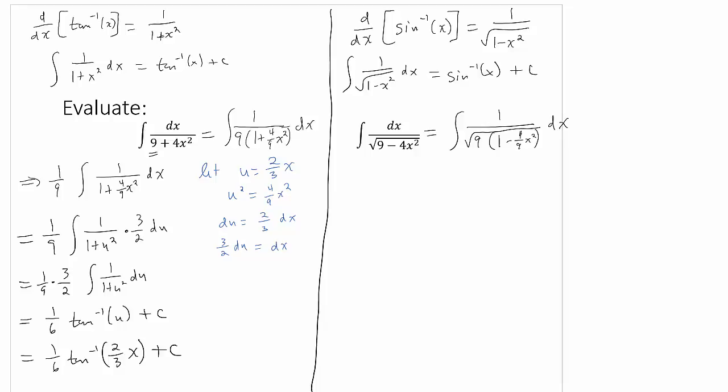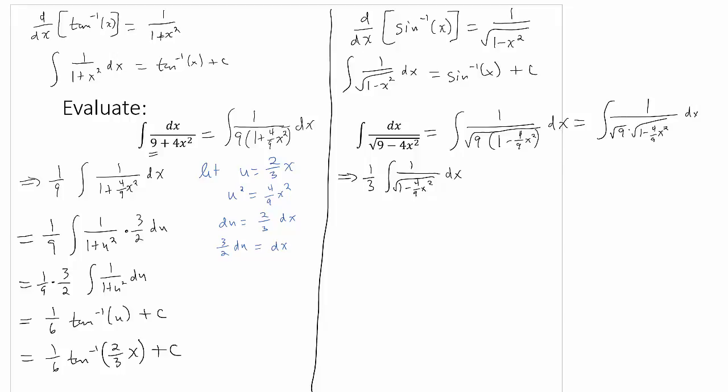Now I can break up that radical as the square root of 9 times the square root of 1 minus 4/9 x squared. And so that square root of 9 is a 3. I can bring that 3 outside the integral. And so I now have 1/3 integral 1 over the square root of 1 minus 4/9 x squared dx.